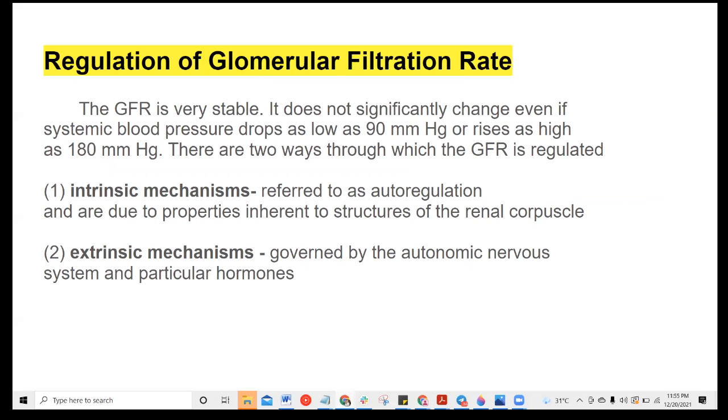There are two ways through which the GFR is regulated. First is the intrinsic mechanism, referred to as autoregulation, due to properties inherent to structures of the renal corpuscle. Second is the extrinsic mechanism governed by the autonomic nervous system and particular hormones.